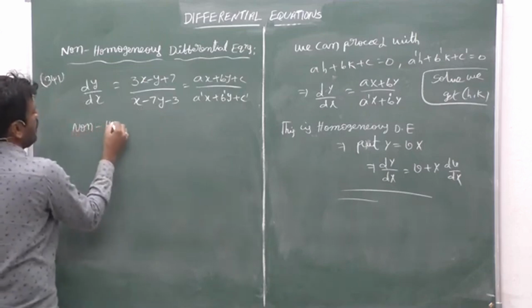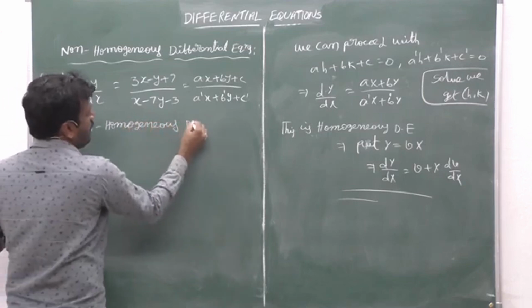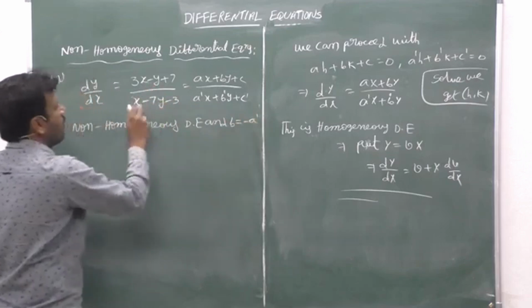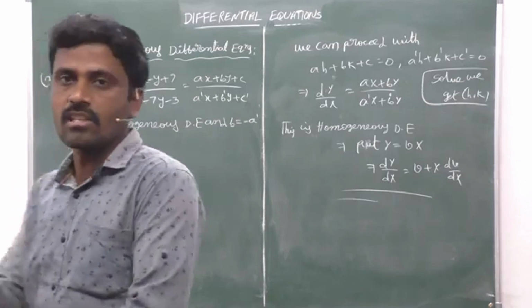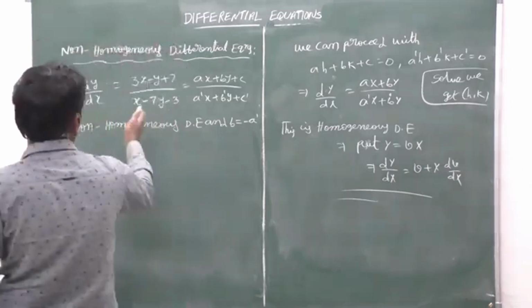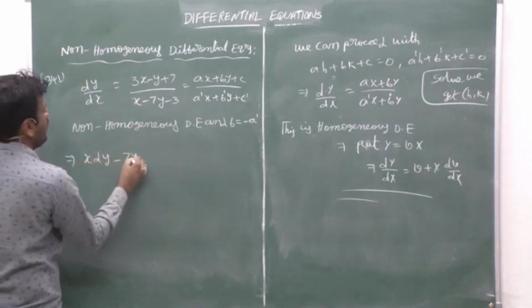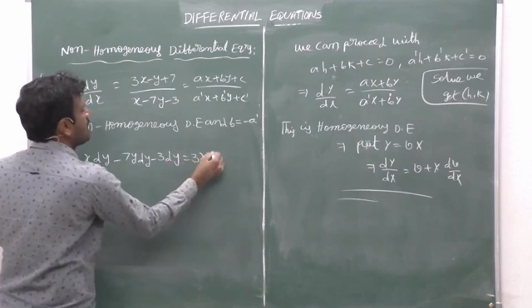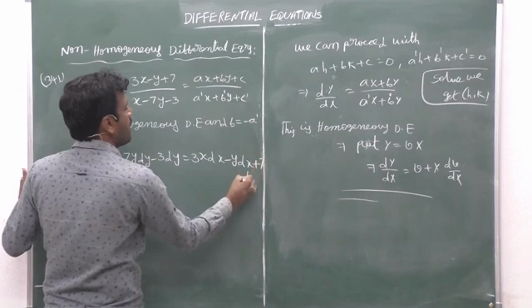Non-homogeneous differential equation, and b equal to minus a dash. Therefore, proceeding with case 1, cross multiplication and grouping. Cross multiplication: x dy minus 7y dy minus 3 dy equals 3x dx minus y dx plus 7 dx.